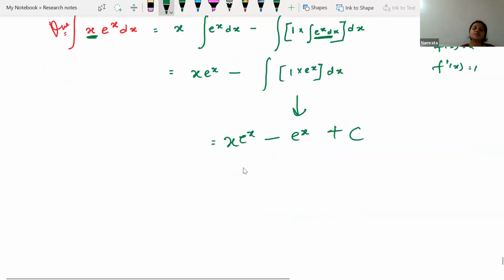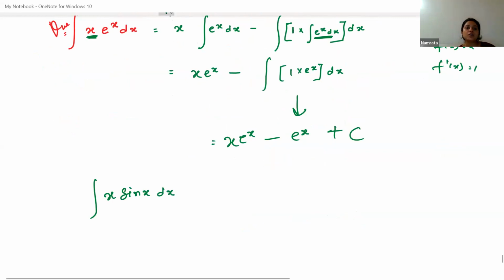Similarly, let's take a very basic question, x sin x dx. Just like cos x, we can do it. Again, if you want to get used to the formula, let me write it again.